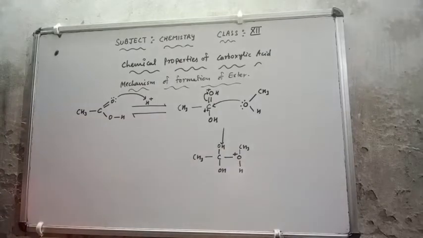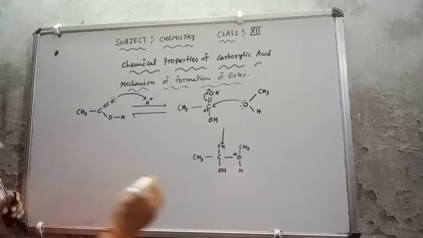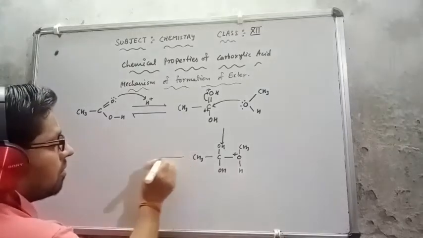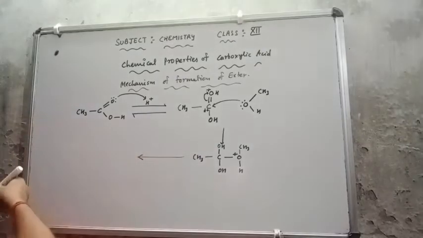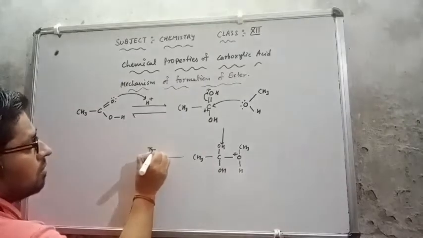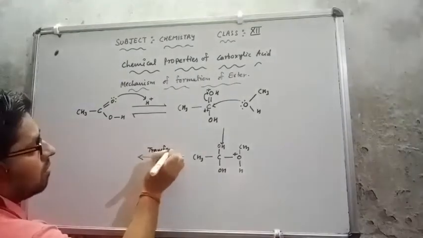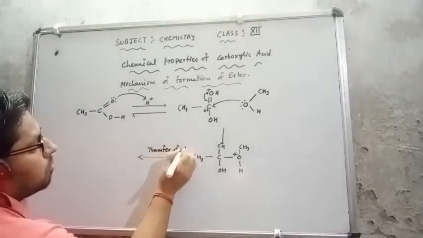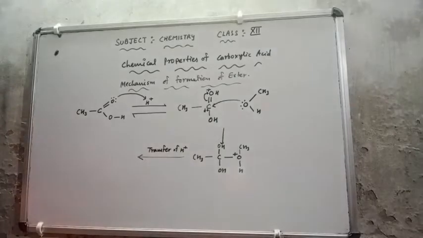Now what has happened here is simply the transfer of a hydrogen ion, or transfer of proton, transfer of H positive. How is the transfer possible here? It's very easy to understand.